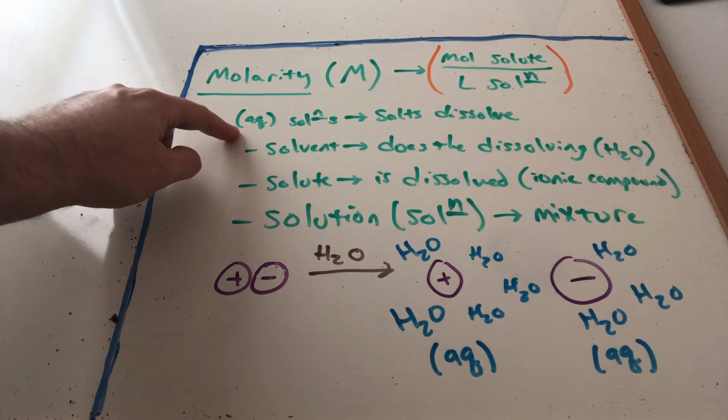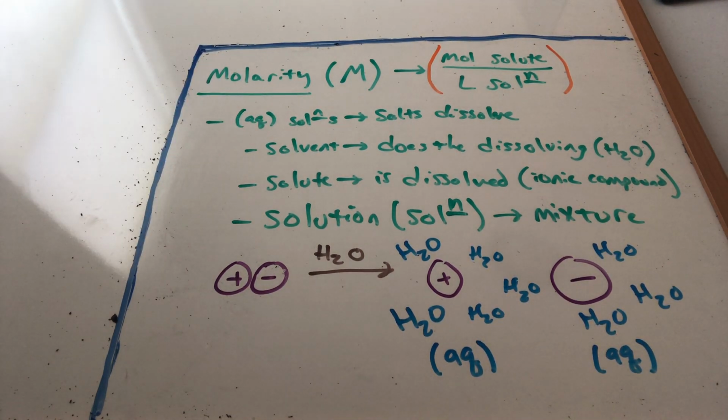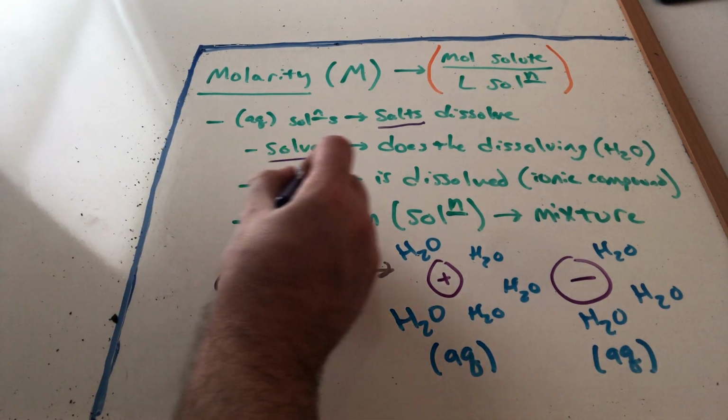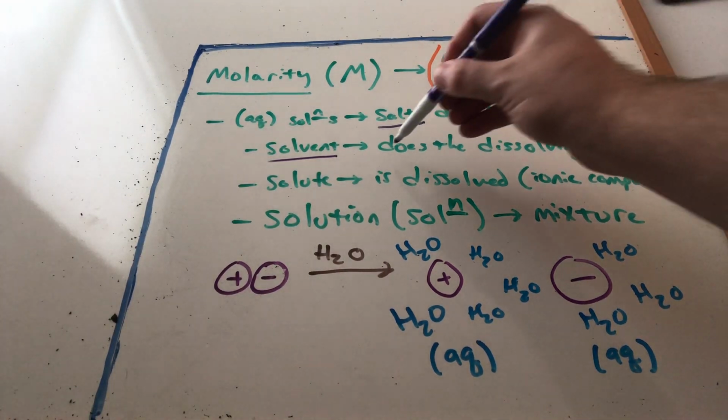This semester we focus on aqueous solutions, which means that water is the solvent. We're going to talk specifically about salts that dissolve in water. Salt is another word for an ionic compound. So this semester we focus on how ionic compounds, which we call salts, dissolve in water. The solvent of a solution does the dissolving.